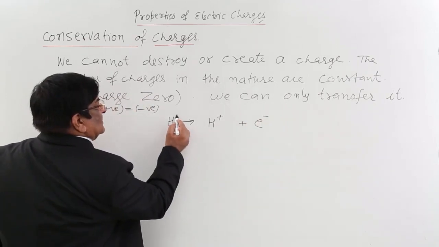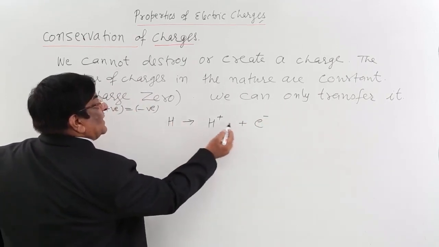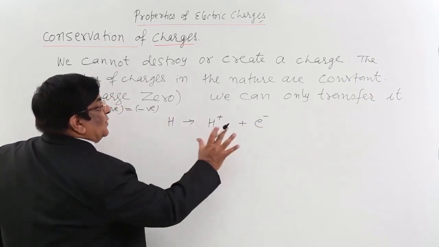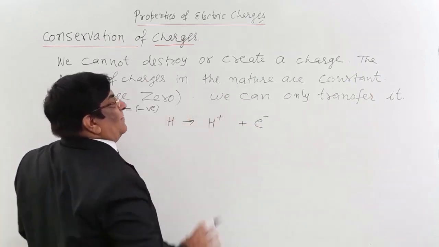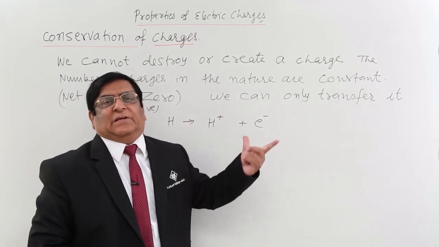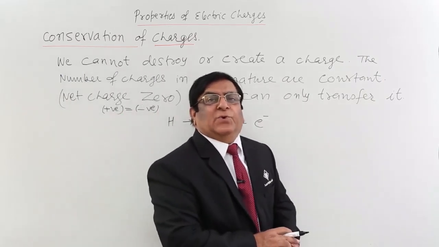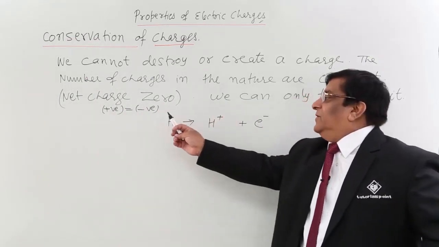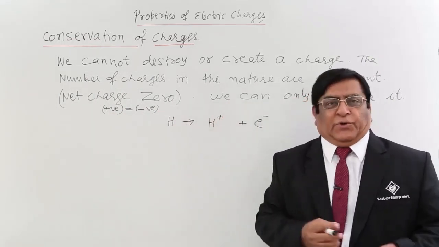The net charge here was 0 and again it is 0. So in any process the charges will remain the same. This is conservation of charges. There is no process in which the charges are different. We cannot create a charge, we cannot destroy it.